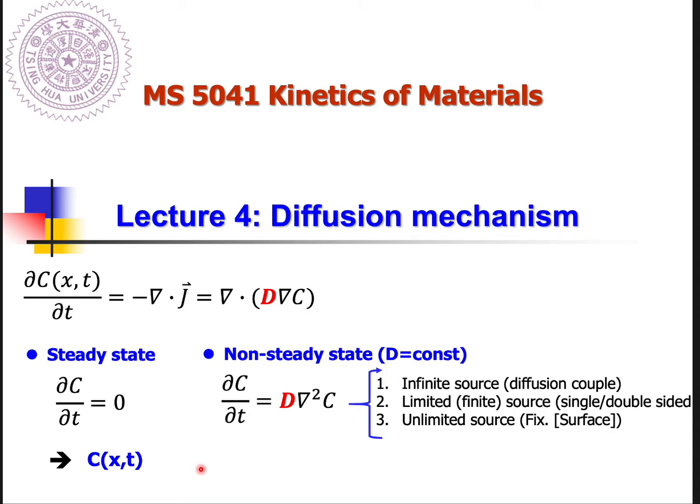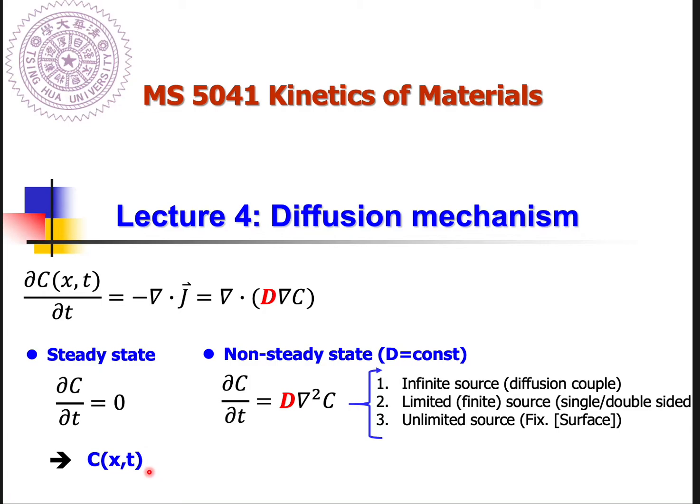This is the diffusion phenomena you can observe in macro scale, and also what we learned from previous lectures. So in your experiments, what do you usually deal with in the diffusion process? People usually measure the concentration profile during the diffusion process, right?